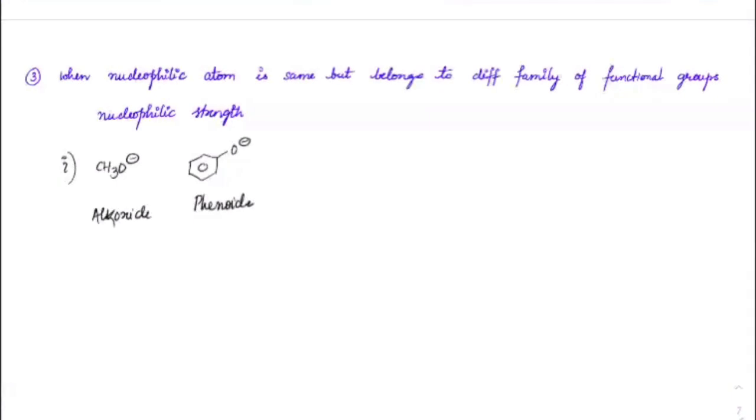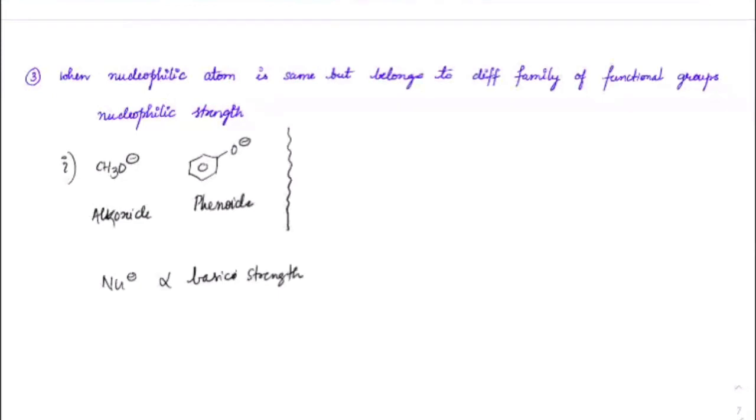When you compare alkoxide and phenoxide, what do you need to check? As long as we have the same atom, O minus and O minus, the dominancy will always be with respect to its basicity. That is, nucleophilic strength will be parallel to its basic nature or basic strength.